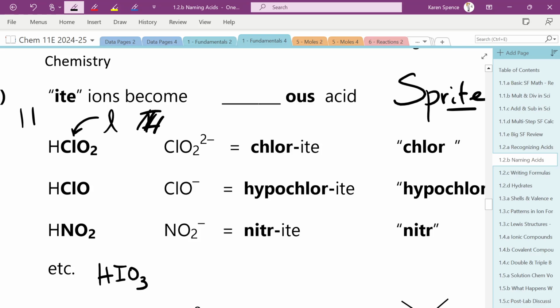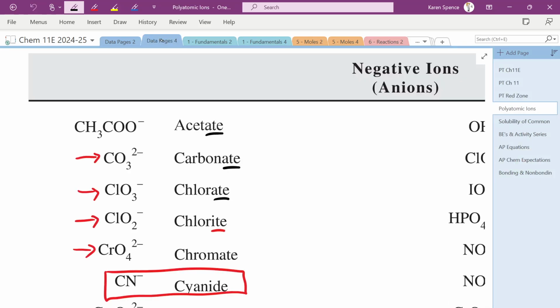Now, one way that you can tell that it's an L if you don't have as nice of a font, like let's say we were on our data pages and I'm like, is that an L or is it an I? Well, what's the name? Chlorate. What do you think it is? It's an L because it's based on chlorine. Okay, so it's not a capital C, capital I, right? So you can get clues from that sort of thing as well.